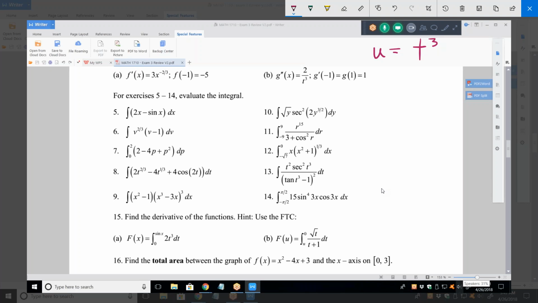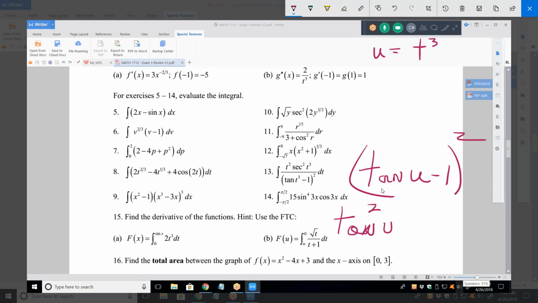Let me think just a moment. That would make this tan of u minus 1 squared, which if I do expand it, becomes tan squared of u minus 2 tan u plus 1. Now I've got three terms in the denominator. That's not helpful.